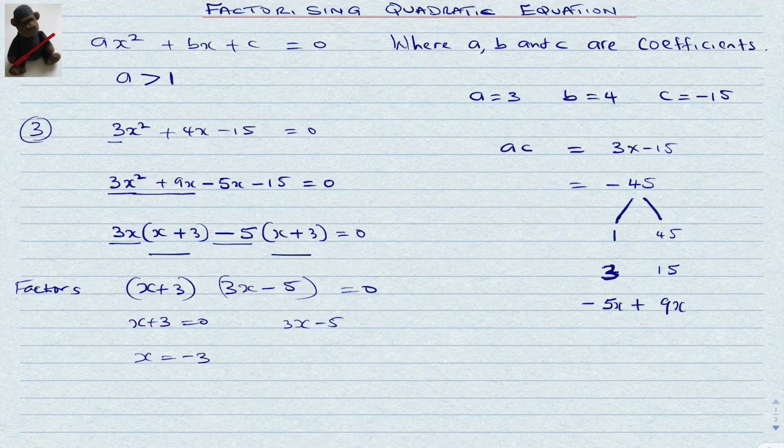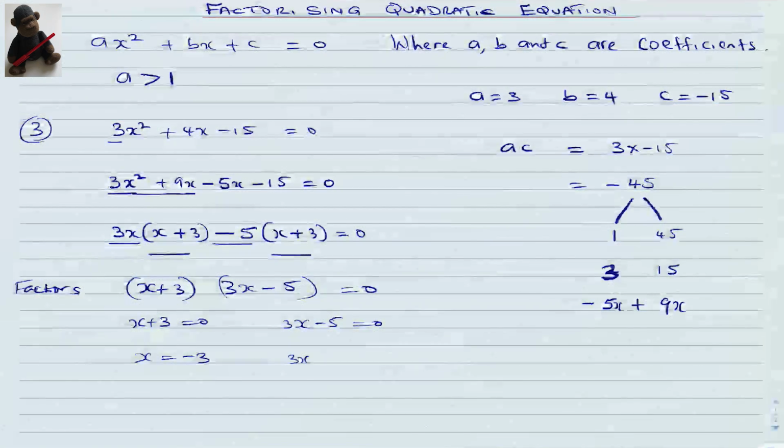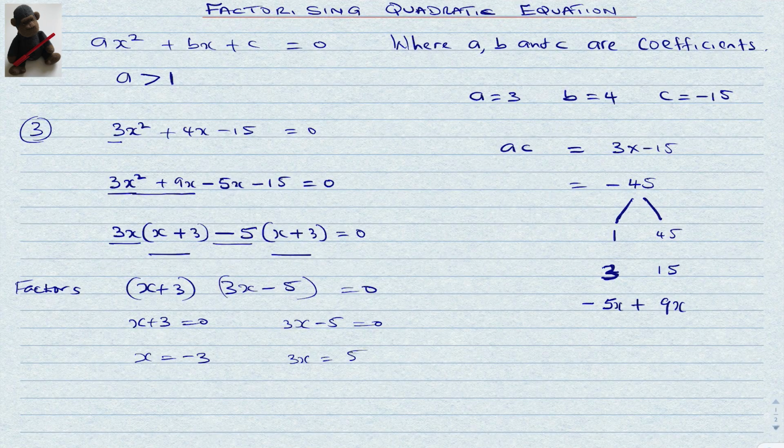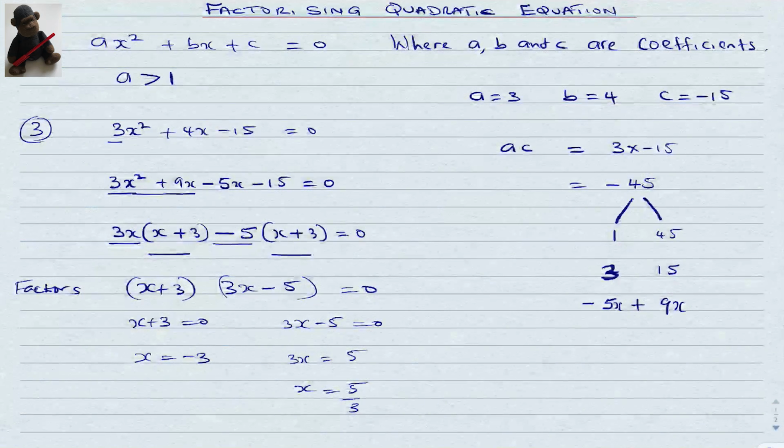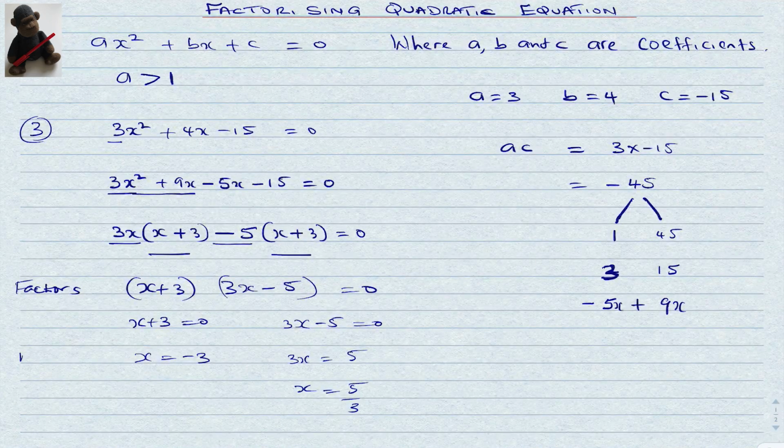3x minus 5 equal to 0, and therefore 3x equals 5, x equals 5 over 3. So the roots that we need for these equations are x equals minus 3 and x equals 5 over 3.